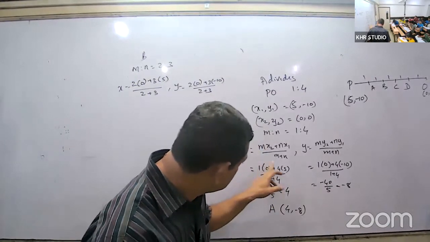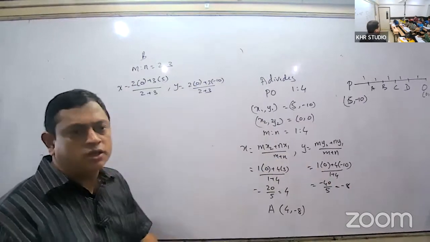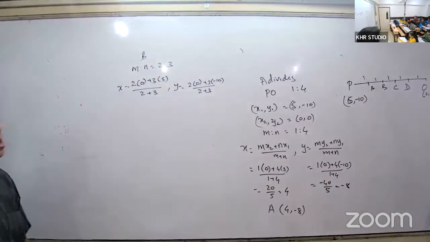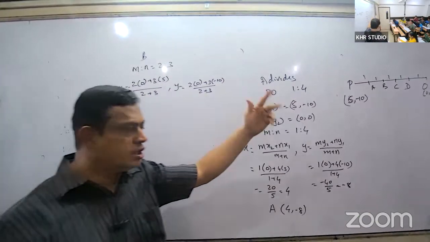The ratio is changing only: 1 and 4 will become 2 and 3. You look at this one and then everything is simple. See, 3 is to 2. D is 4 is to 1.